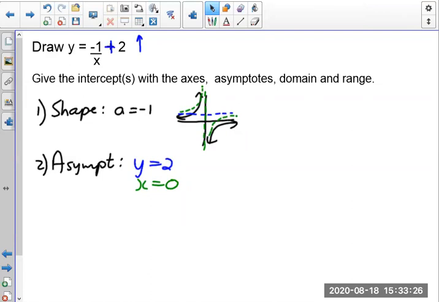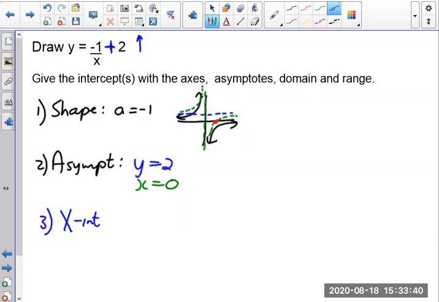So can you see again that I have an x-intercept? So I must calculate the x-intercept. And for x-intercept, I make y 0.